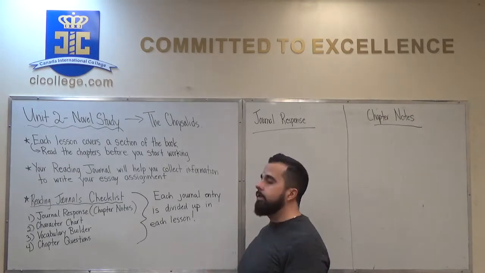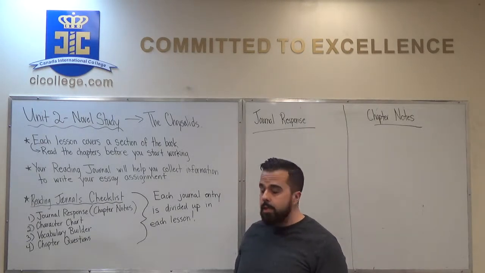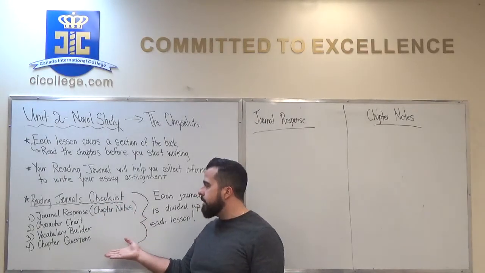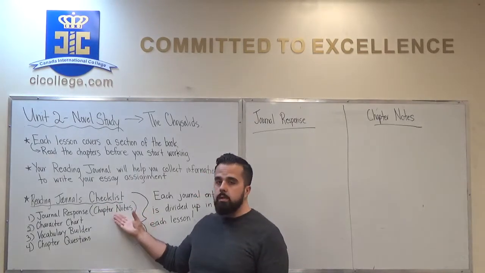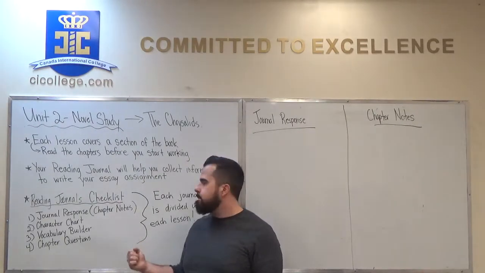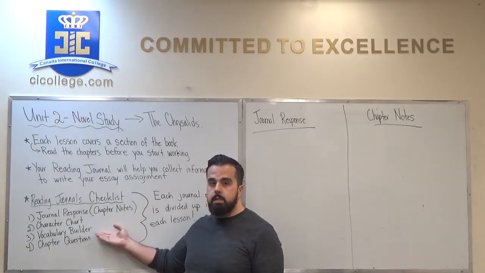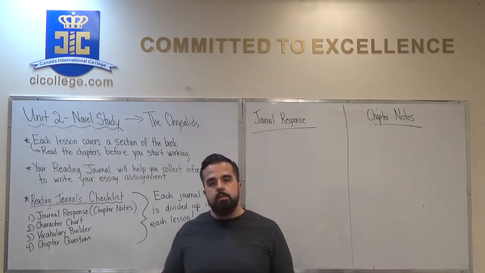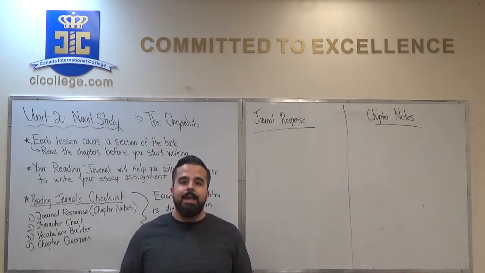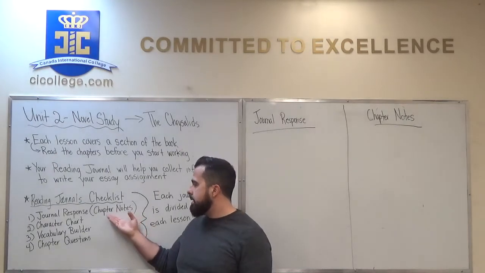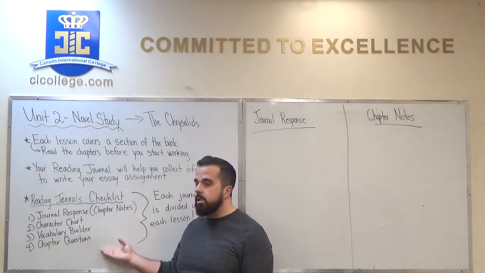So let's talk about the reading journal and what needs to be included. Let's look at this checklist. Your reading journal for each lesson will include your journal response or your chapter notes, your character chart, your vocabulary builder, and your chapter questions. From lesson 1 to 5, you'll notice that it's broken up into sections of the book, and the journal is very connected to those sections.